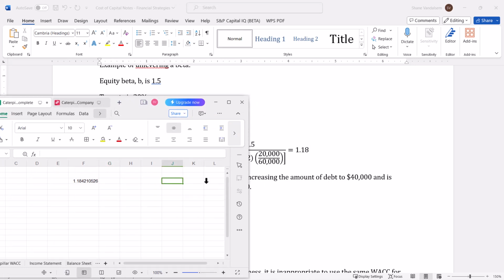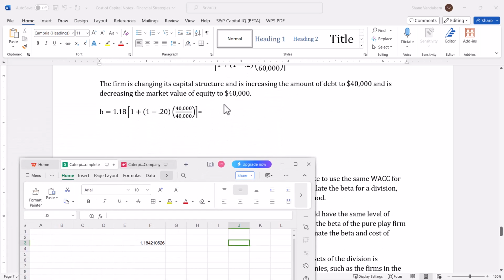Now I'm going to say this is equal to 1.18 multiplied by 1 plus, and then in parentheses 1 minus 0.2 multiplied by 1, because that's what 40,000 divided by 40,000 is, and then close parentheses to get a value of 2.124.